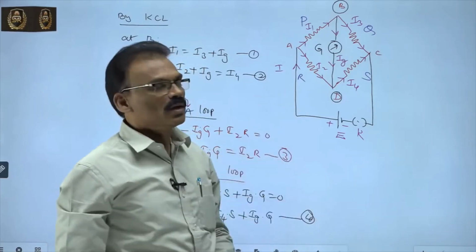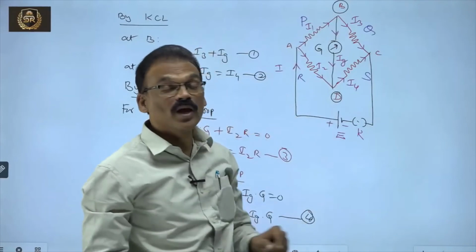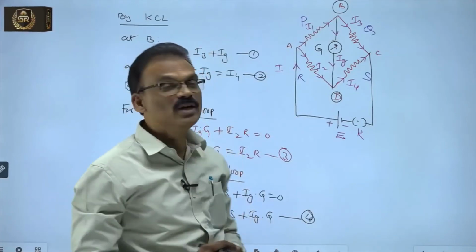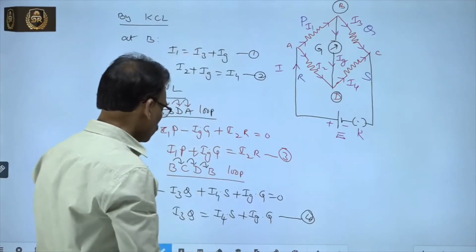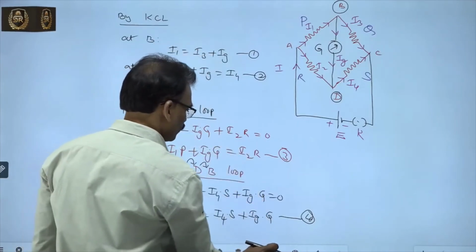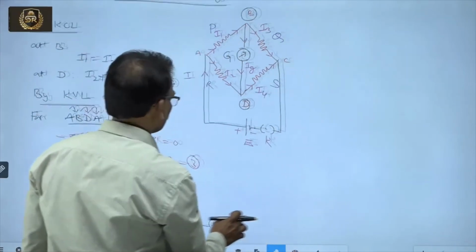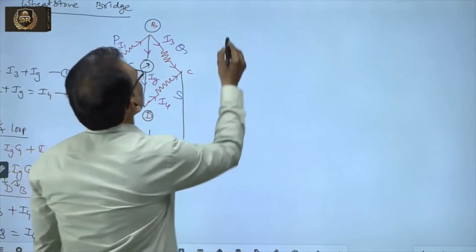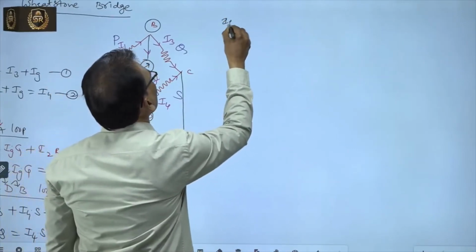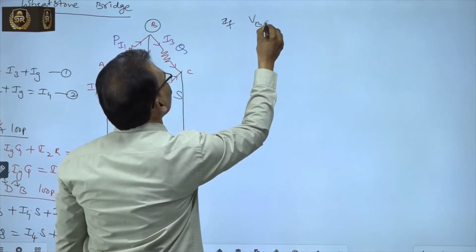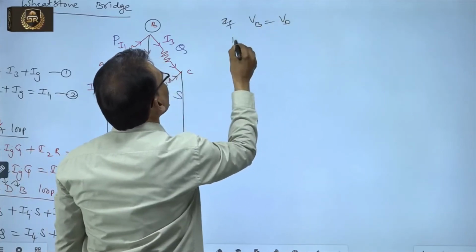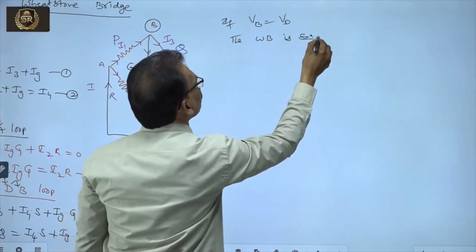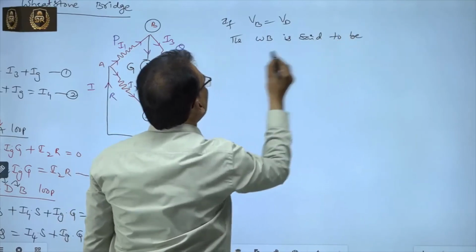So here also, whenever the potentials at B and D, where the galvanometer ends are connected, are equal, then the bridge is said to be balanced. If potential at B is equal to potential at D, the Wheatstone bridge is said to be balanced.